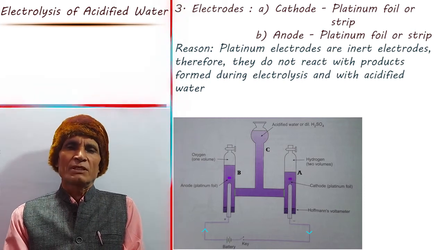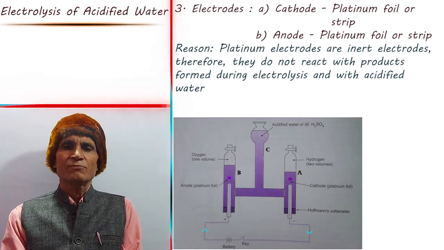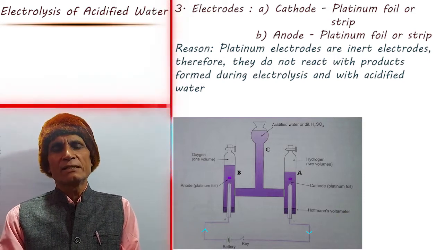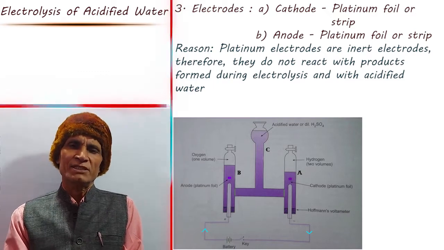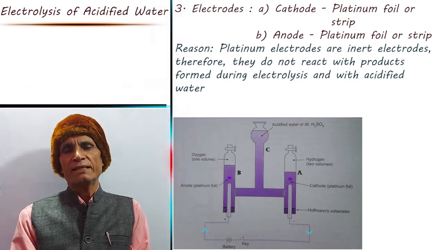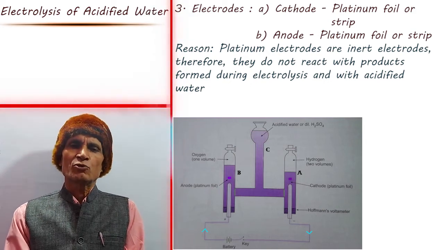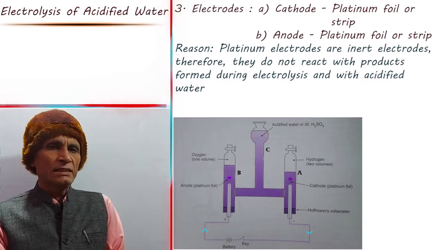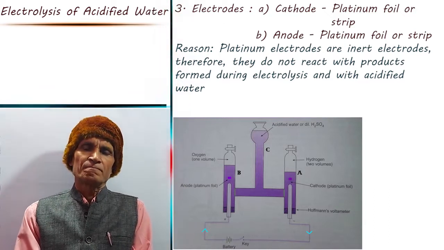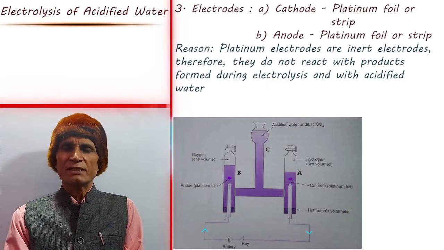Now reason: platinum foils, platinum wires are used. This is an inert electrode, does not react with acidified water, and the atomic hydrogen or atomic oxygen produced over there does not react. Next point, why is dilute sulfuric acid used, not other acids?